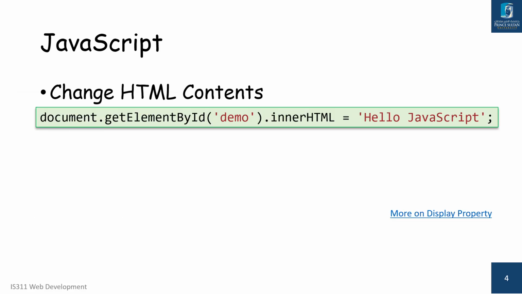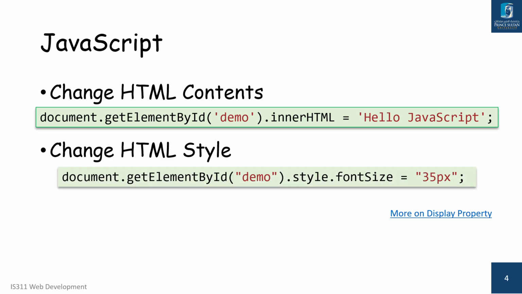We can also change the properties, the inner HTML, the contents, between the opening tag and closing tag. Whatever comes inside is the inner HTML, or the contents. So we can say only text or consider it as HTML. We can write HTML inside here, and then we can change its behavior.